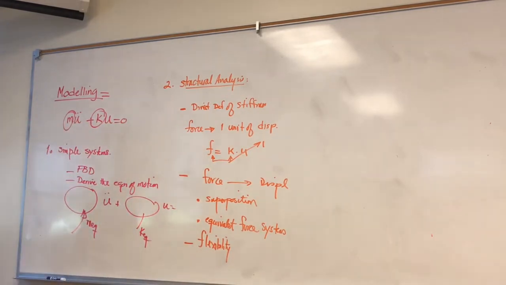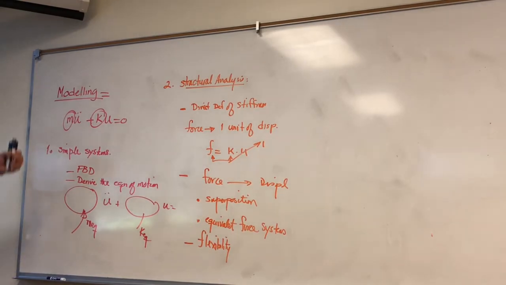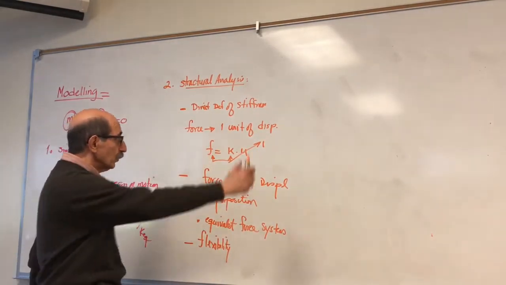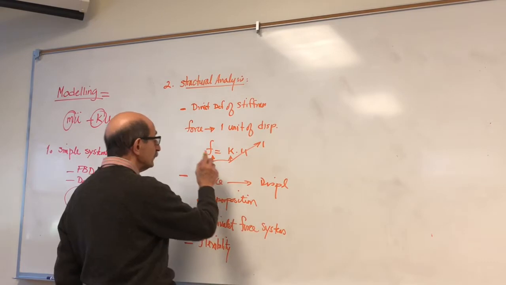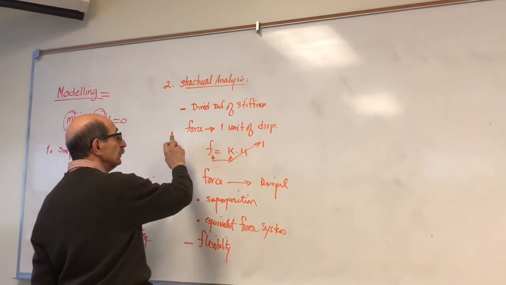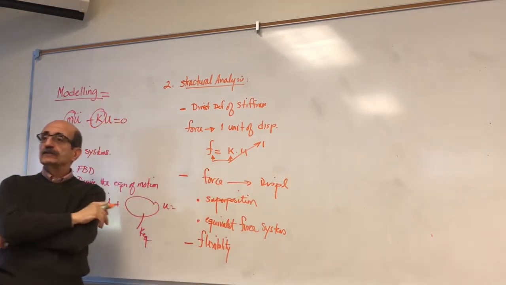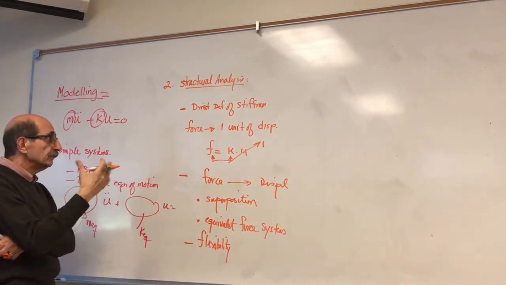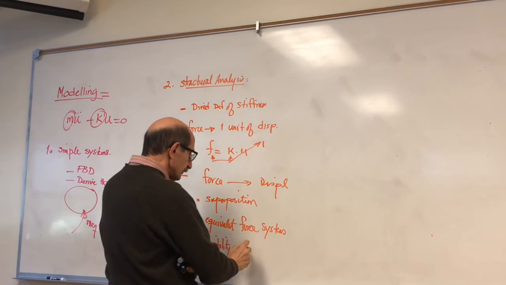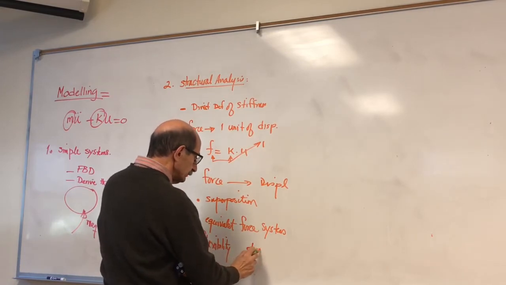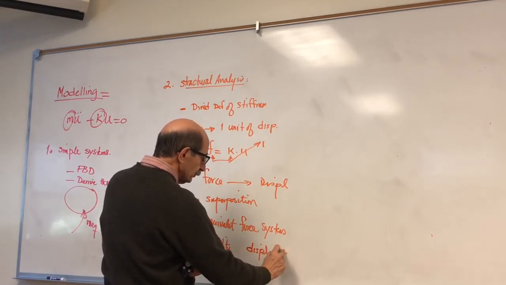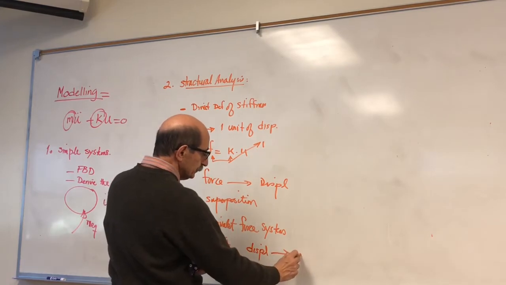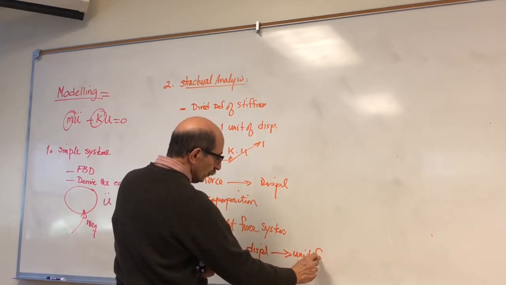Flexibility is the reciprocal, or the inverse relationship, with the stiffness. In other words, as stiffness is defined as the force that is required to generate 1 unit of displacement, flexibility is the displacement generated due to unit force.